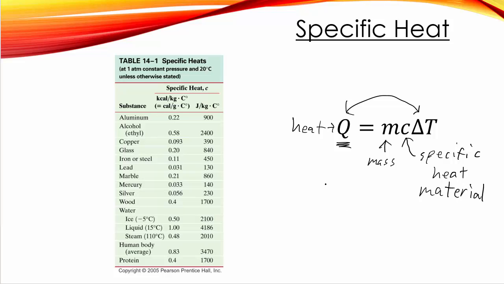A pot of water takes quite a while to boil and get up to temperature, but if you had an empty pot, that metal, if you look at some common metals over here, the specific heat of aluminum is 900, whereas the specific heat of water is over 4,000. So that means that aluminum is going to get hotter. The temperature is going to change a lot more quickly for a given amount of heat input. So water has one of the highest specific heats.